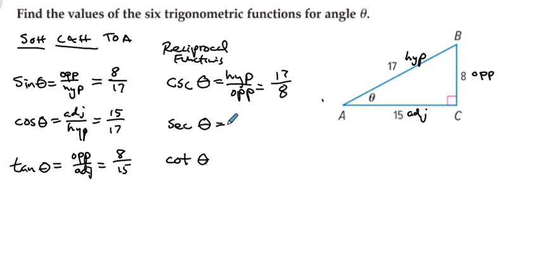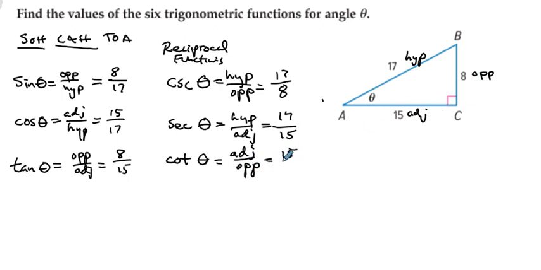Your secant is your hypotenuse over your adjacent. So hypotenuse 17 over 15. If you forget that you have this over here, and sometimes you don't, so you got to still go to the diagram. And then your cotangent of theta is what you get when you do the reciprocal of tangent. So it's going to be adjacent over opposite. And so my adjacent is 15 and my opposite is 8.